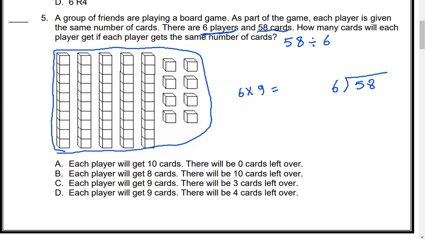I want only one digit. So the biggest number that we can use is 9. 6 times 9 equals what? 51. No, my hero, you need to check the table. 54. Okay, so where to write the 9 and where to write the 54?